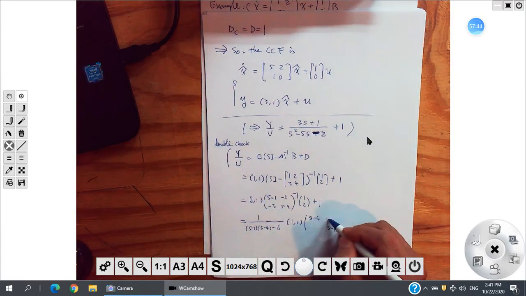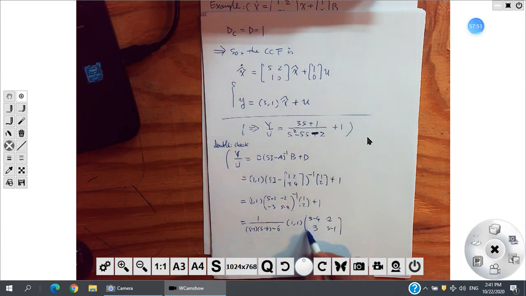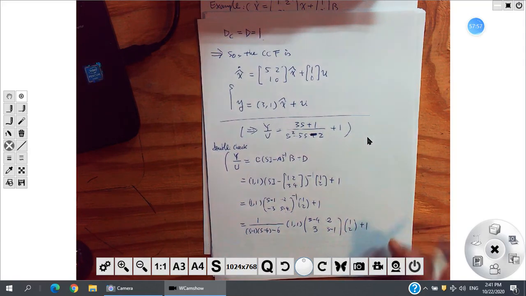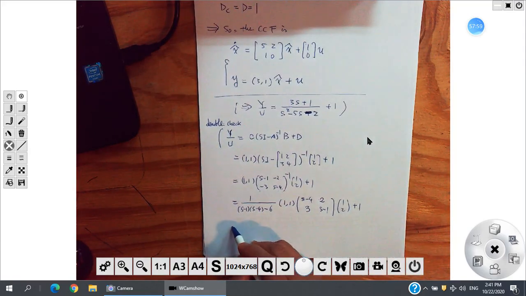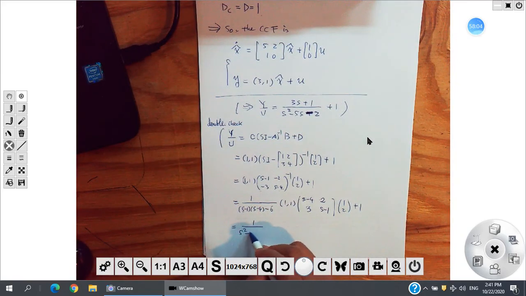So this is a positive 2 and a positive 3. Okay, so this denominator together with this matrix, that is the inverse of this one, times 1 and 2 and plus 1. What is it? It is 1 over s squared minus 5s minus 2.